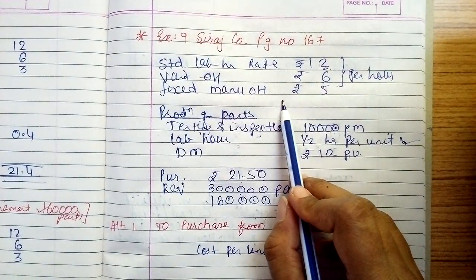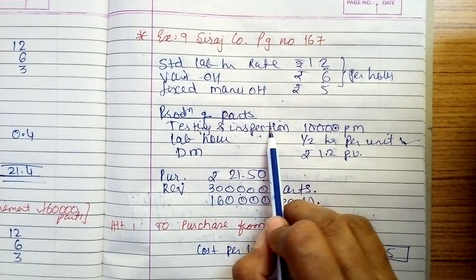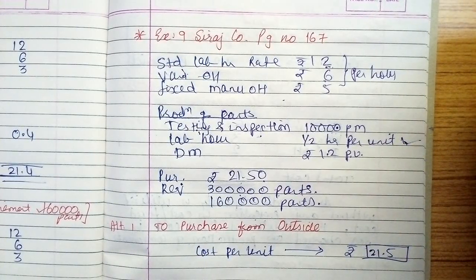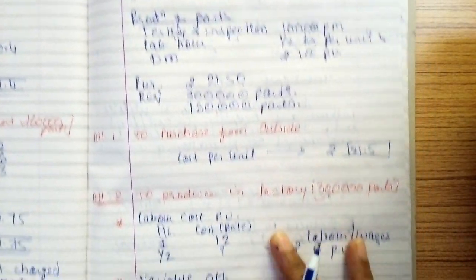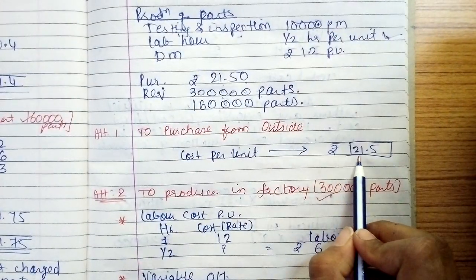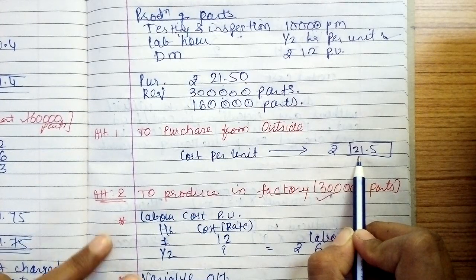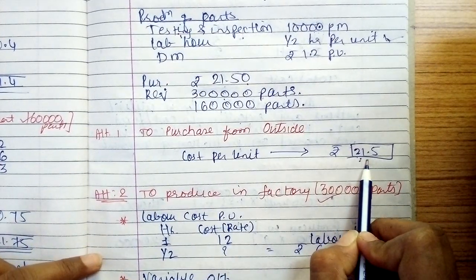So fixed manufacturing overheads are not to be considered for the production, but testing and inspection charges will be considered, because those expenses are incurred just when the parts are produced in the factory, right? So we have got three options right now. If we are purchasing from outside, it is 21.5 rupees per unit.